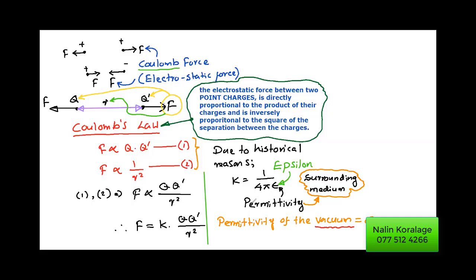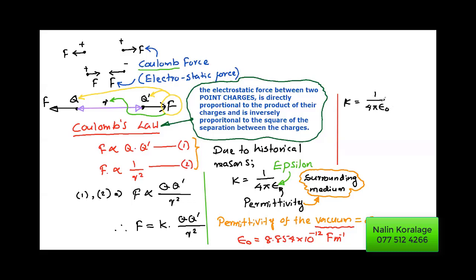Usually that epsilon naught is equal to 8.854 into 10 to the power minus 12 farads per meter. Capital F stands for farads per meter. Farad is the unit of capacitance. Now, K is equal to 1 over 4 times pi epsilon naught.